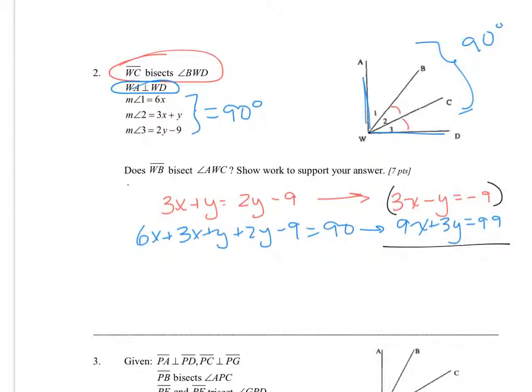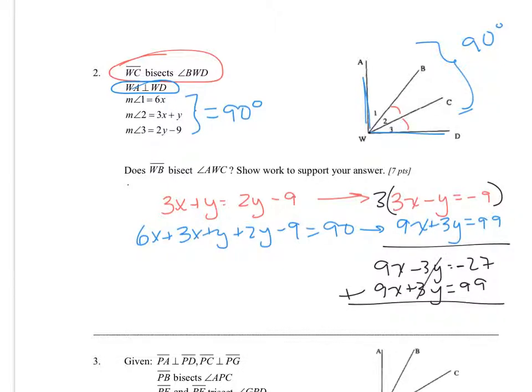So I'm going to multiply this top equation by 3, and then rewrite what I have. 9x minus 3y equals negative 27, and the other equation is 9x plus 3y equals 99. I'm going to add these equations together, which will eliminate the y's.